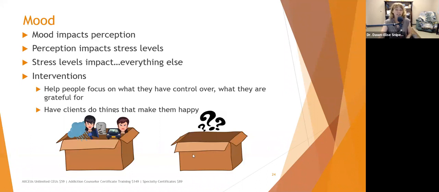Some clients I even have make two different boxes, and one is their distress box, and that's the stuff we want to empty out. But I have them make a happy box, and it's just ideas of things that they want to do, or sometimes just things that make them happy, pictures, whatever.